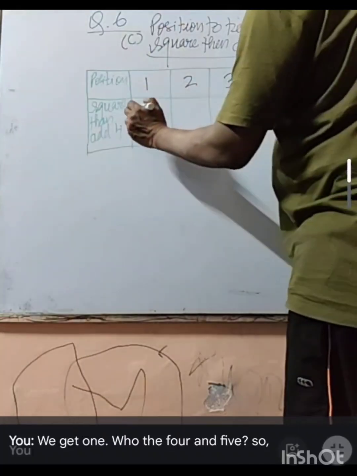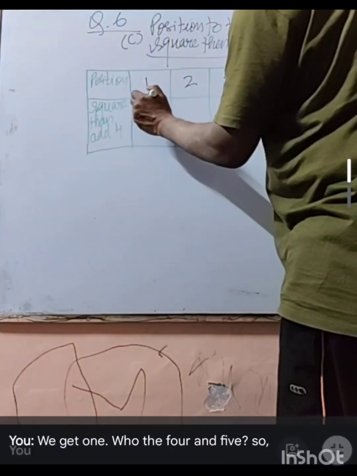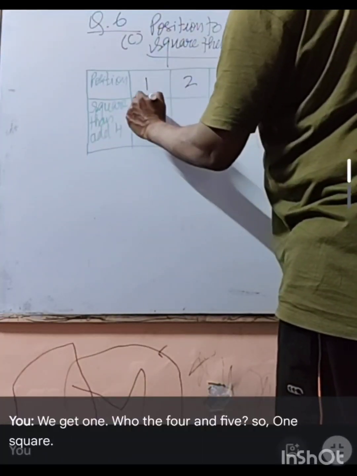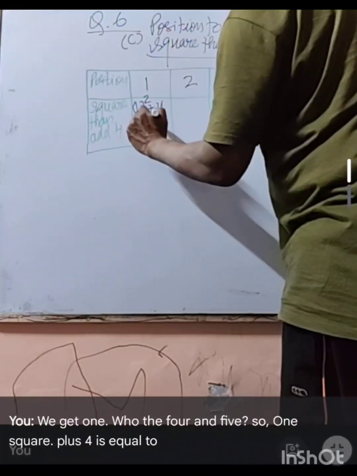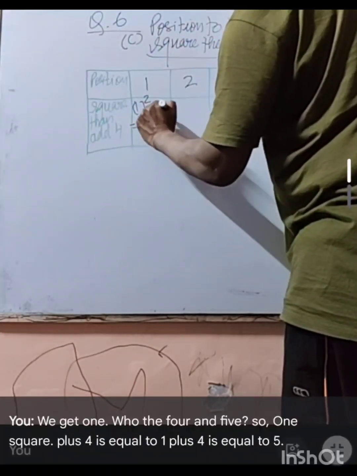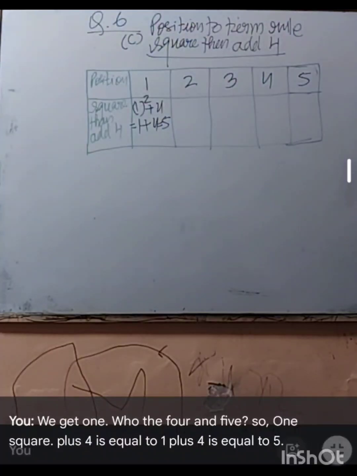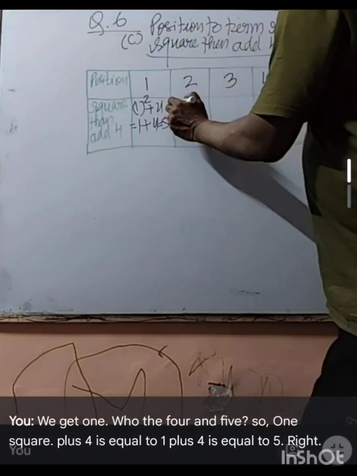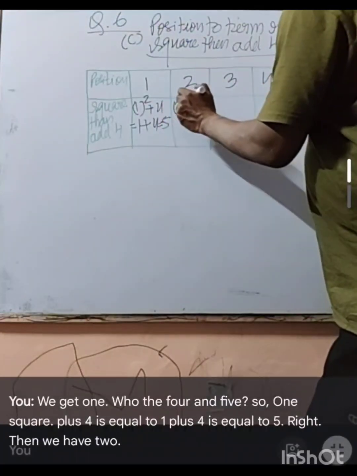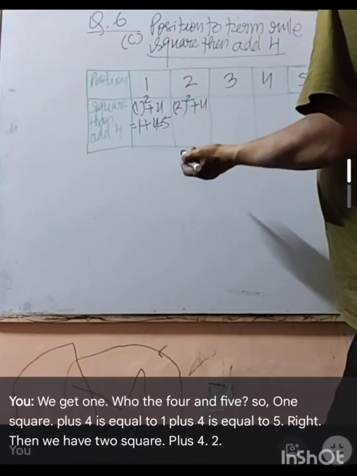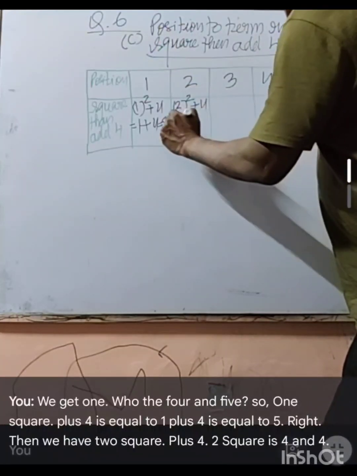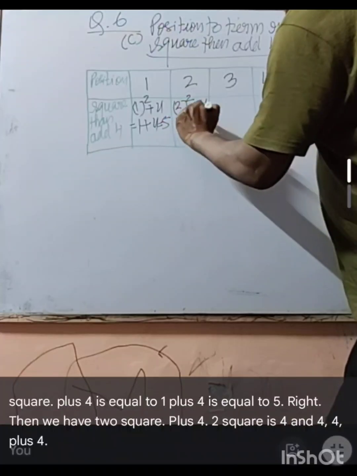So 1 square plus 4 is equal to 1 plus 4, which is 5. Then we have 2 square plus 4. 2 square is 4 and 4 plus 4 is equal to 8.